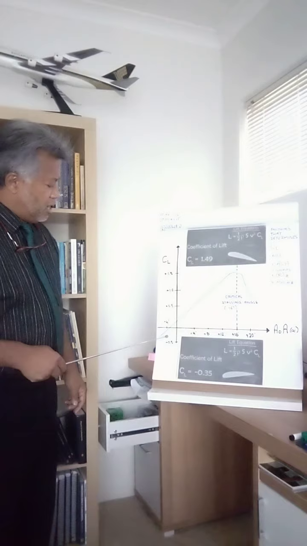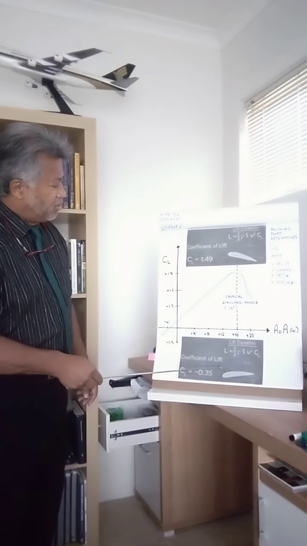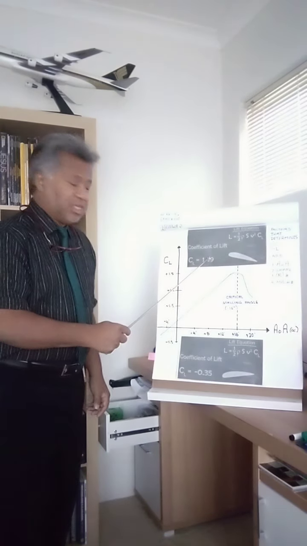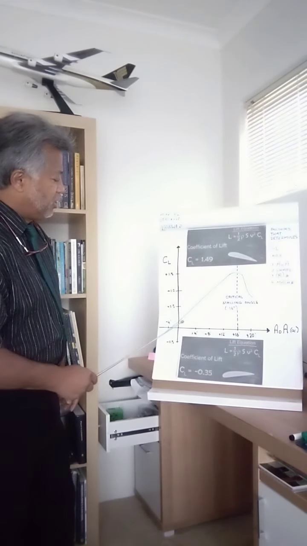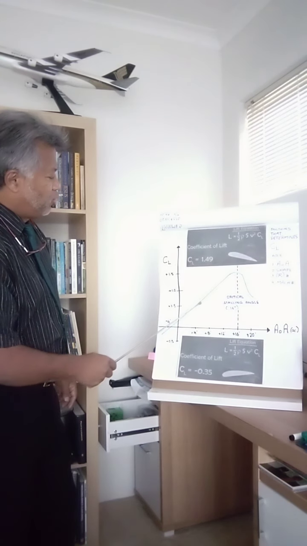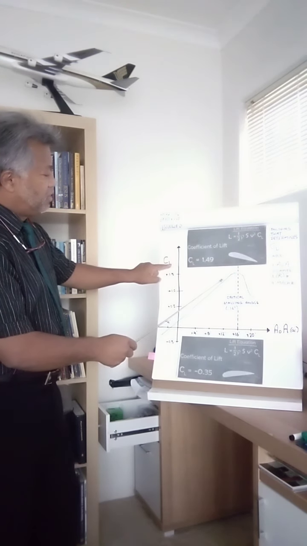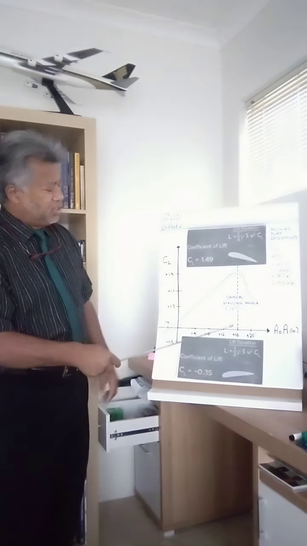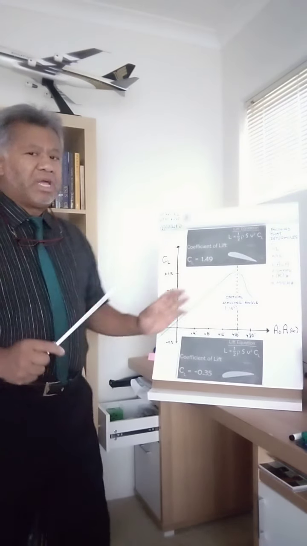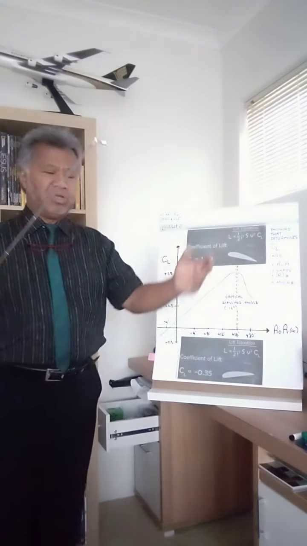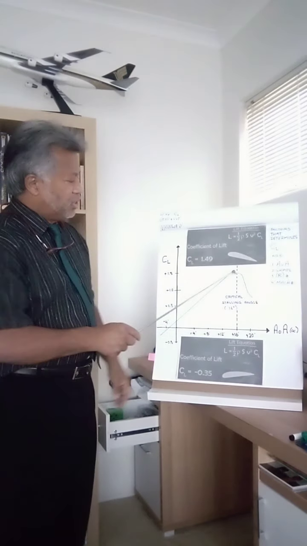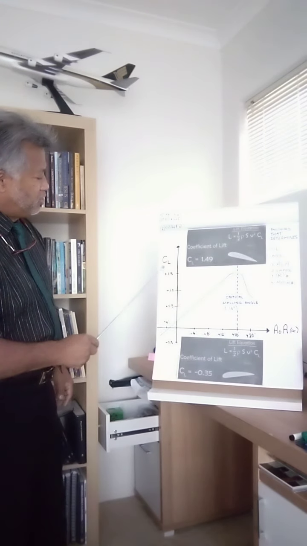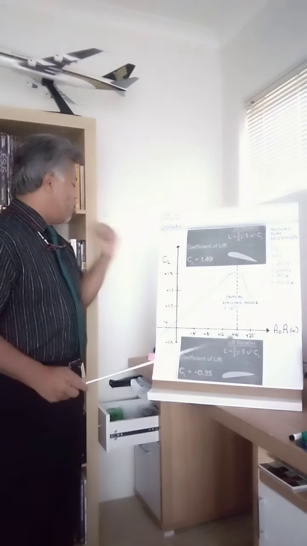But as the angle of attack increases, the coefficient of lift starts to increase as well, until it reaches approximately 15 to 16 degrees, where it becomes critical. It becomes a stalling angle, where the flow becomes turbulent. It can no longer maintain the lift. The drag becomes so much higher and the coefficient of lift just starts to drop.